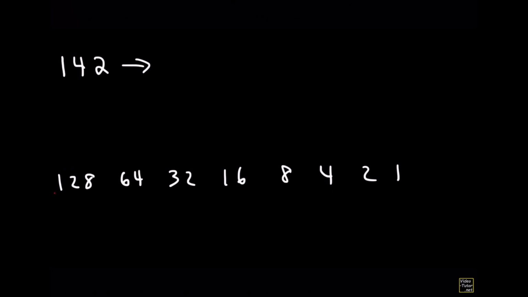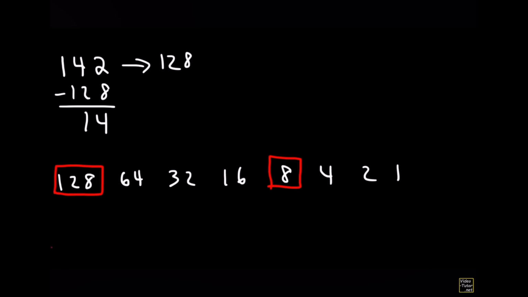The highest base 2 number under 142 is 128. So if we subtract this, 142 minus 128 is equal to 14. The next highest number just under 14 is 8. So 14 minus 8 is equal to 6.